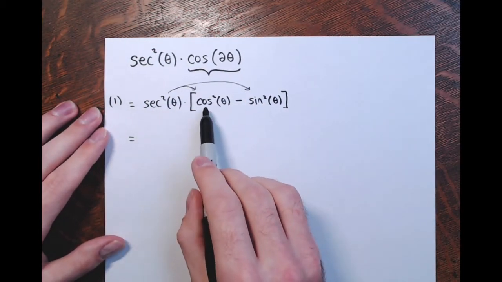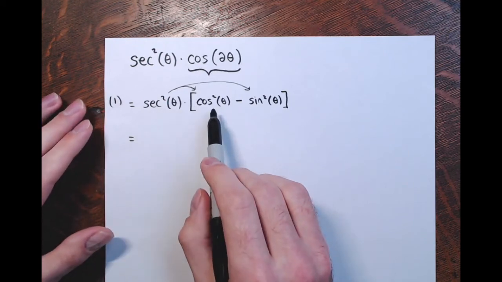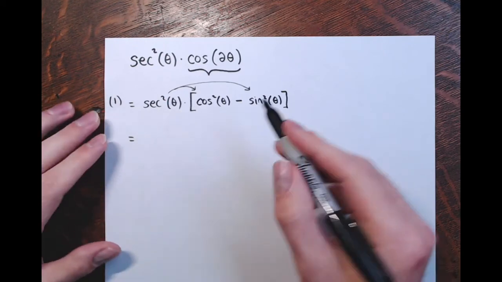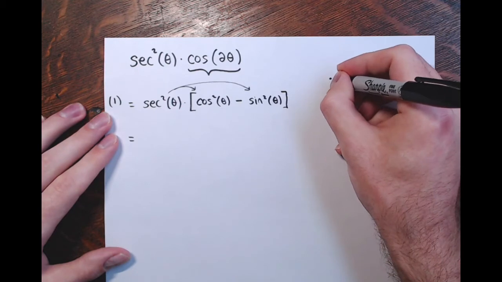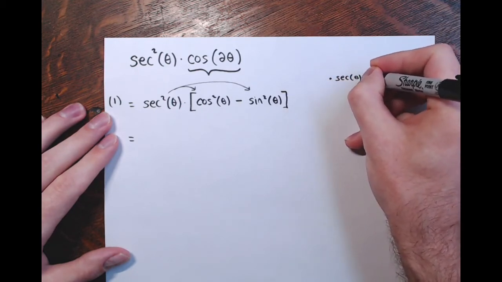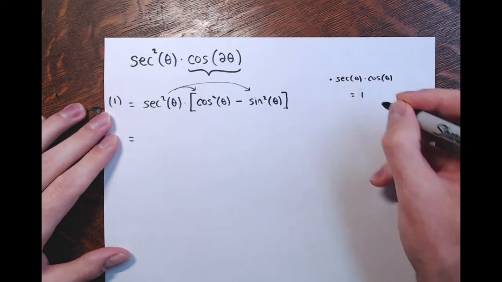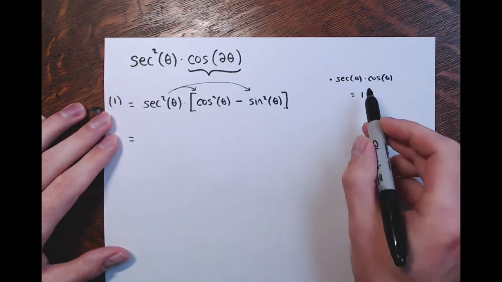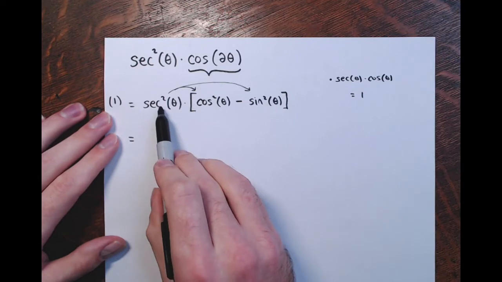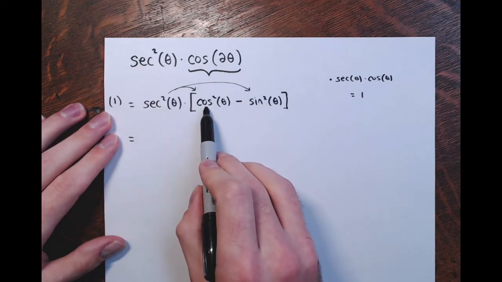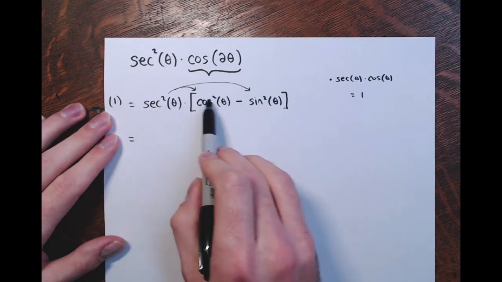Now, hopefully you remember that secant and cosine are reciprocals. Remember, if I take the secant of theta and multiply it by the cosine of the same angle theta, that's just going to be 1, because they're reciprocals. So secant squared of theta times cosine squared of the same angle theta, that's going to be 1.